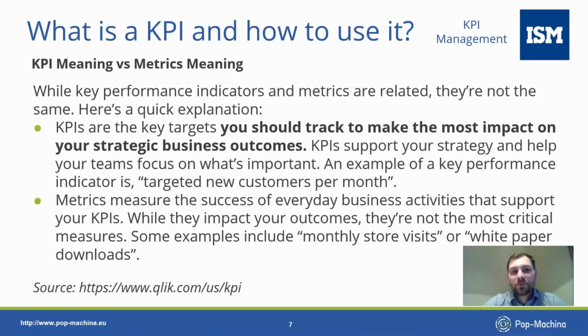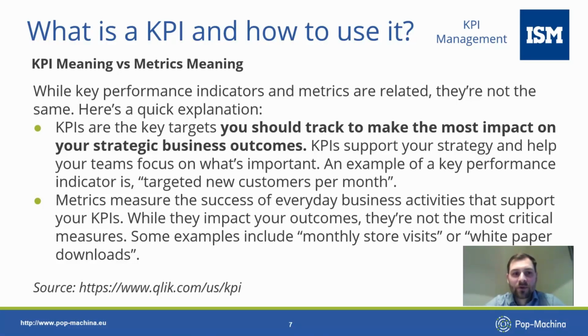Another question: KPI meaning versus metrics meaning. Most people don't catch the difference. While key performance indicators and metrics are related, they are not the same. Here's a quick explanation. KPIs are key targets you should track to make the most impact on your strategic business outcomes. KPIs support your strategy and help your teams focus on what's important.